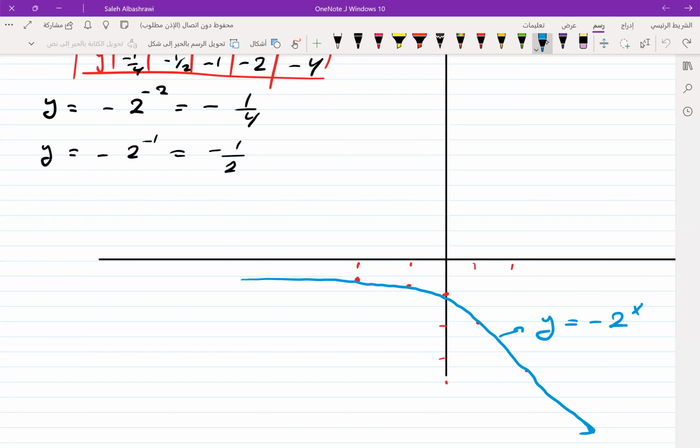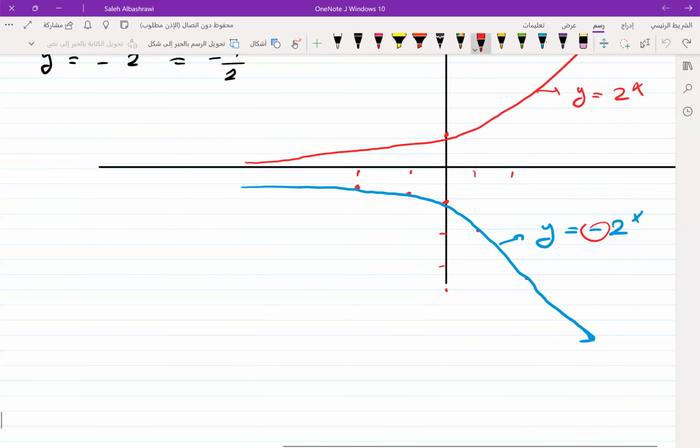The reflection around the x-axis, we did it before. This is y equal to 2 to power x. It means that if we multiply the function by negative sign, we'll have reflection, but this time around the x-axis.